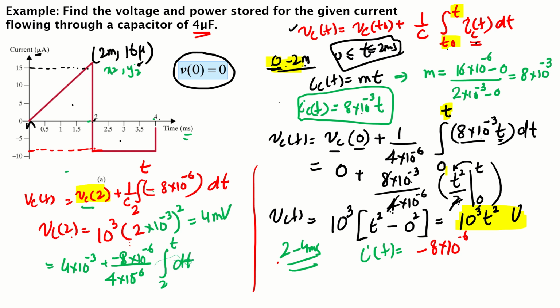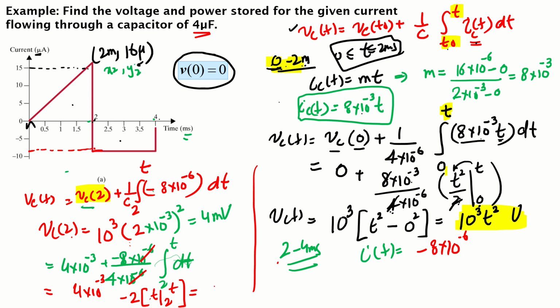The 10 power -6 terms cancel, so -8 divided by 4 gives -2. So we have 4 milli, then -2 times the integration of a constant, which is t, and we need to put in the upper and lower limits.